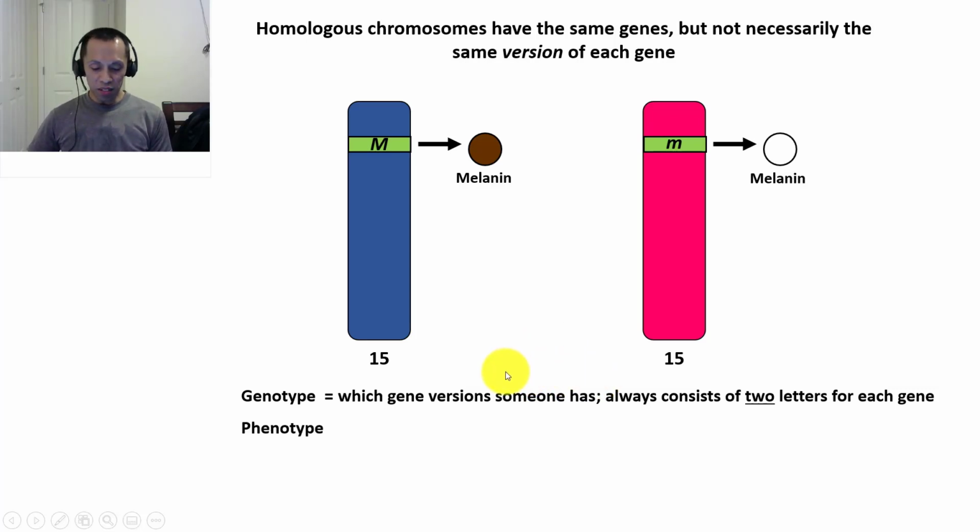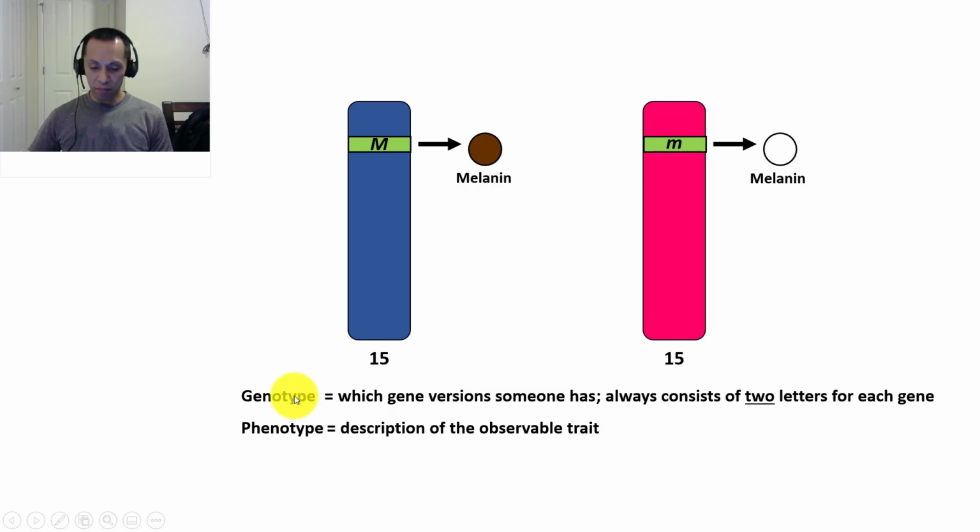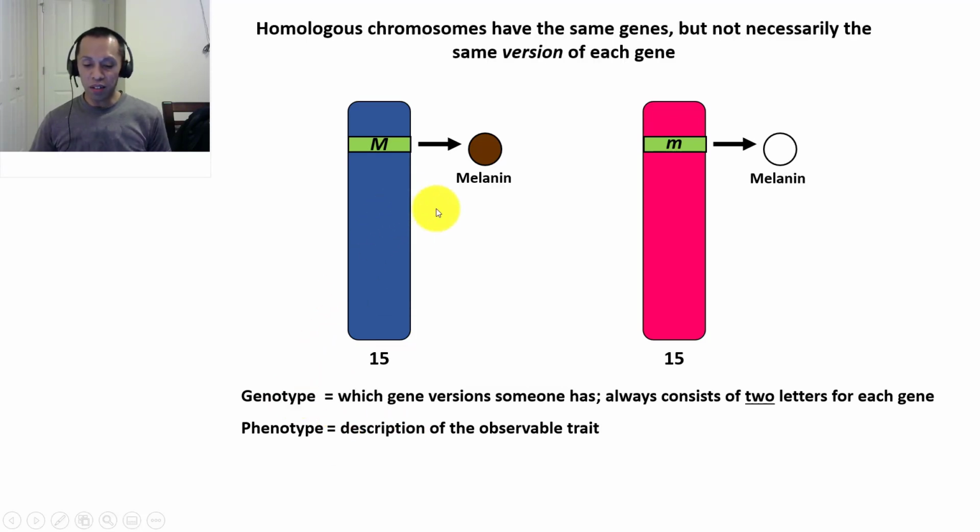Another term is phenotype. Phenotype is a description of the actual observable trait that results from the genotype that someone inherits. So in this example, if you want to know this person's genotype for the skin color trait, the genotype describes the actual alleles that this person has inherited.